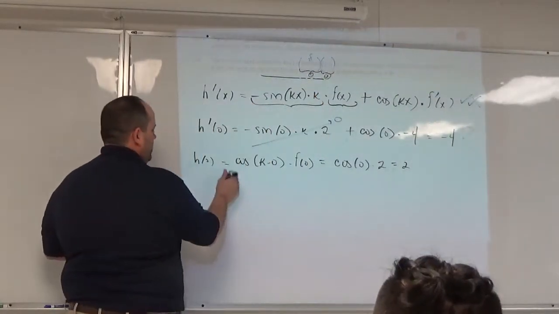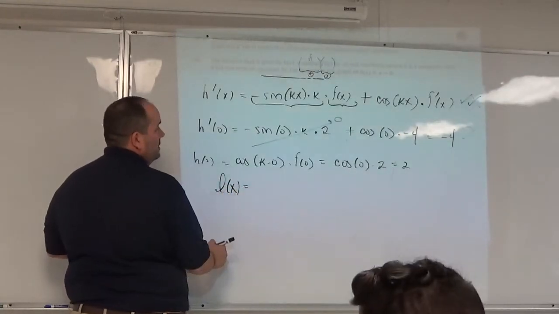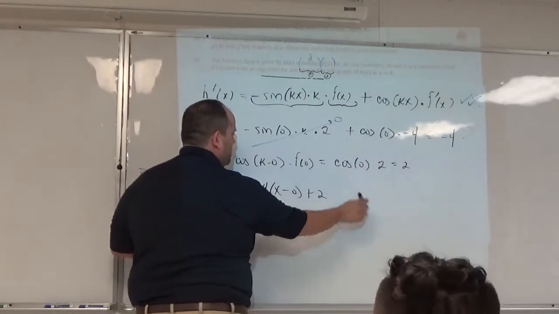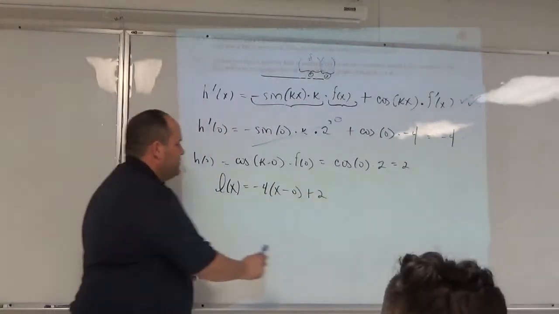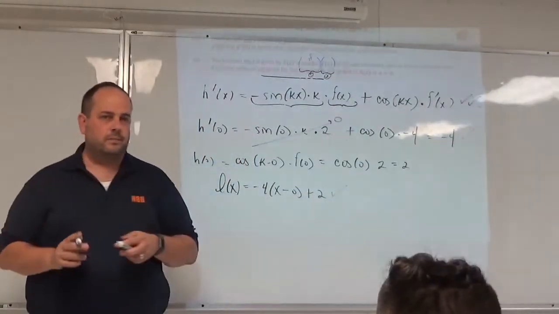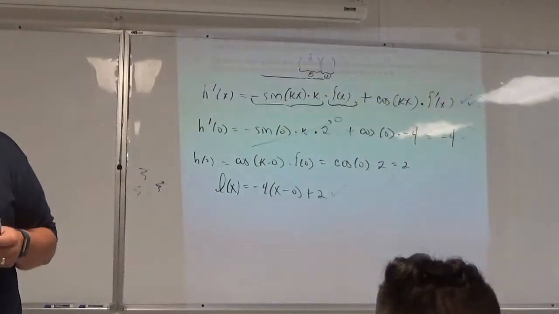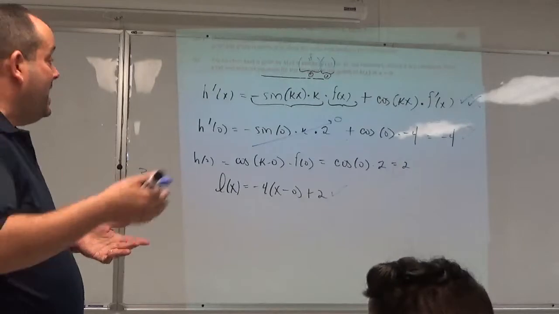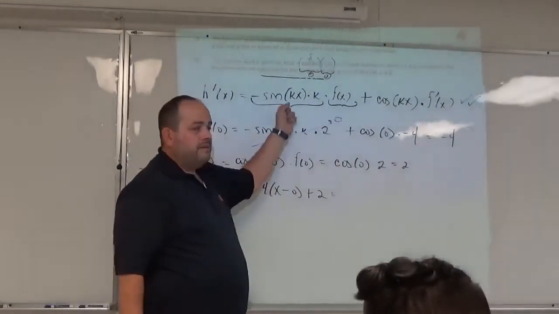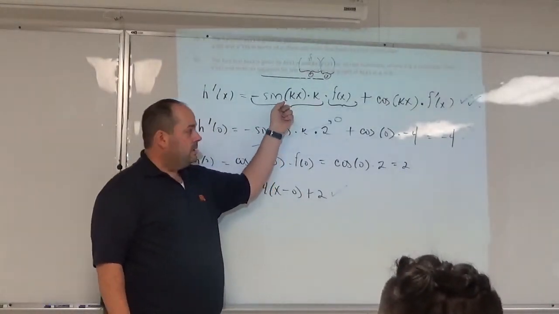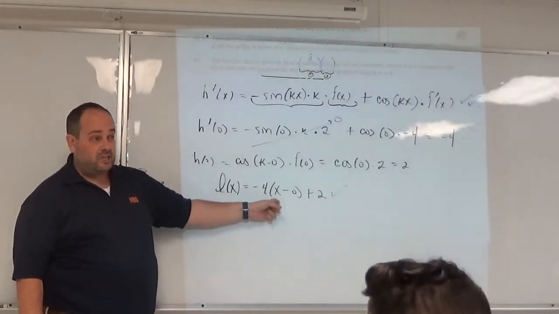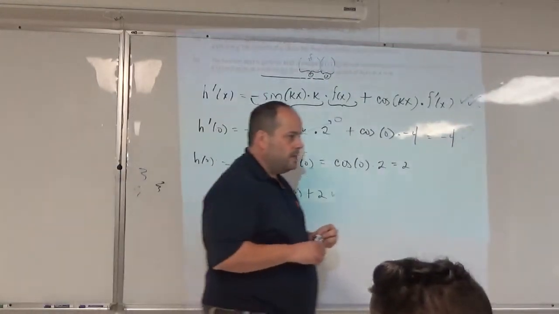Put the whole thing together: L of x equals negative 4x minus 0 plus 2. So I lied, it's a 4-point question, not a 3-point question. This is what I would expect you to be able to do tomorrow. Even if you blow it here, you're going to move forward, find the slope, and write the equation of a tangent line, because these are things you can do.